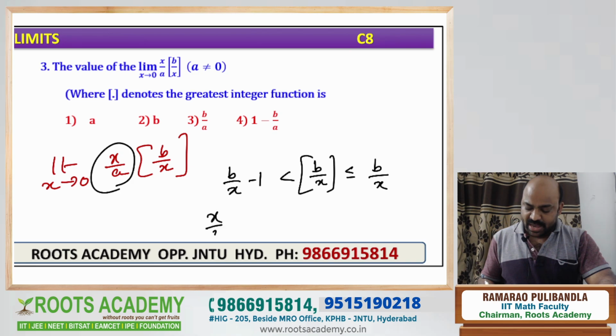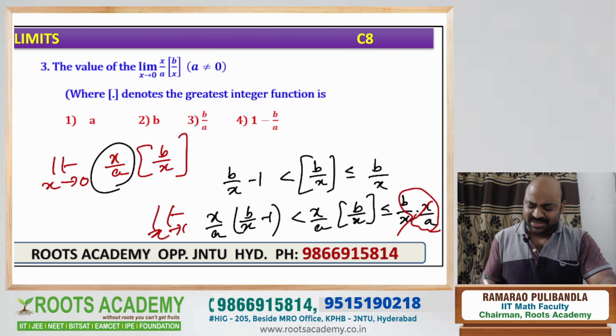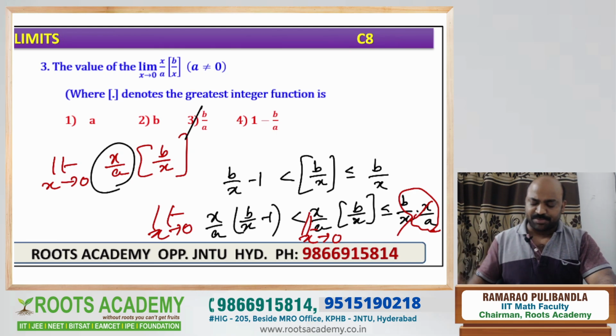Therefore, x by a into b by x minus 1 is less than x by a into step of b by x, which is less than or equal to b by x into x by a. When I cancel this, my answer is b by a after applying my limit x tends to 0. So according to the theorem, it says b by a. Do you have the answer? The answer for this beautiful question is option C.